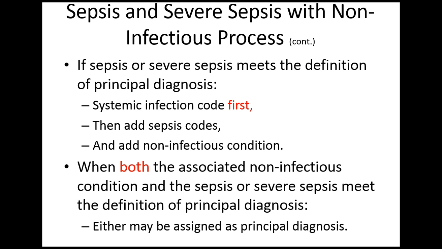If sepsis or severe sepsis meets the principal diagnosis, then you would code the systemic infection first, followed by the appropriate sepsis codes, and then the non-infectious condition. So again, it's really important for you to read the medical record and determine what caused or prompted the admission to the hospital.